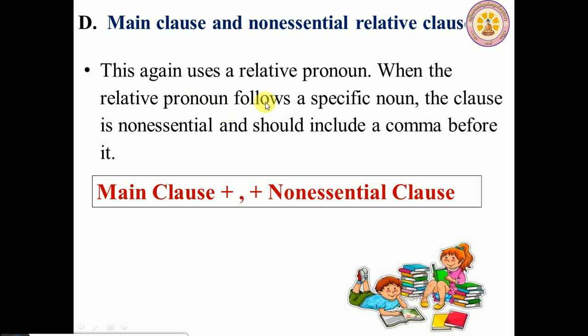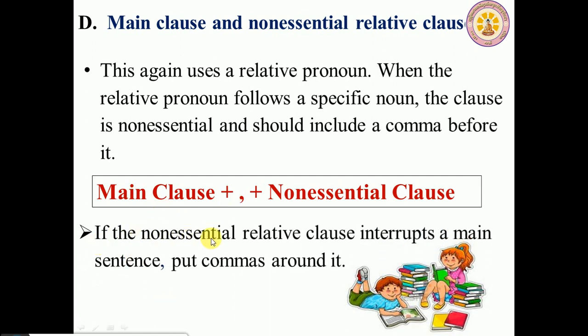When the relative pronoun follows a specific noun, the clause is non-essential and should include a comma before it. So the main clause plus comma plus non-essential clause means the clause here is not important. We can leave out the clause because the noun that it modifies is already understood.